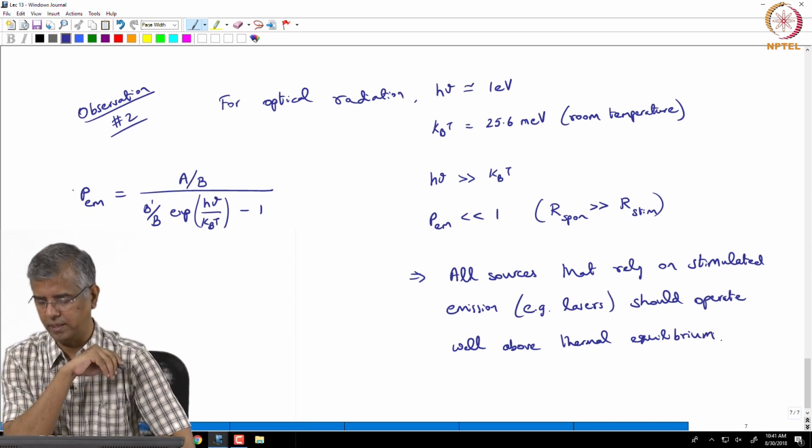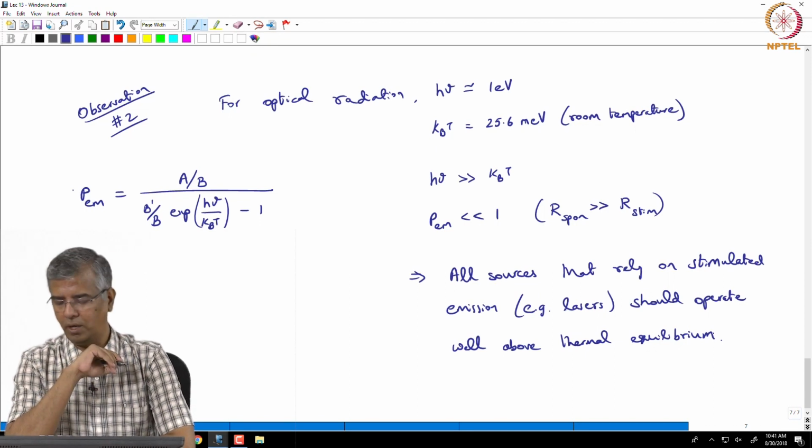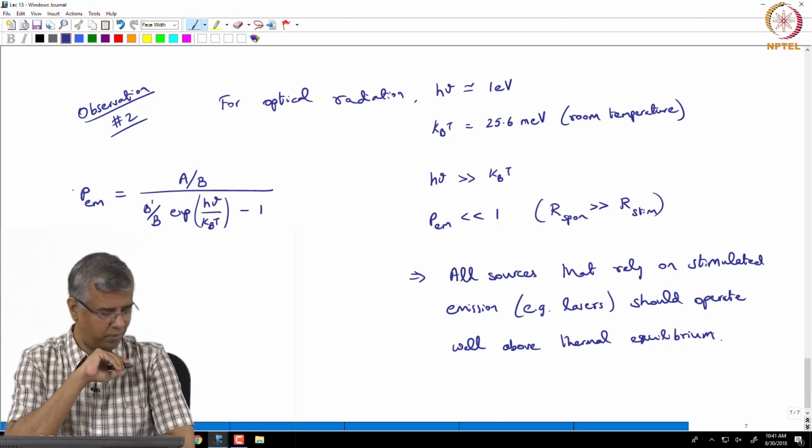All sources that rely on stimulated emission should operate well above thermal equilibrium.